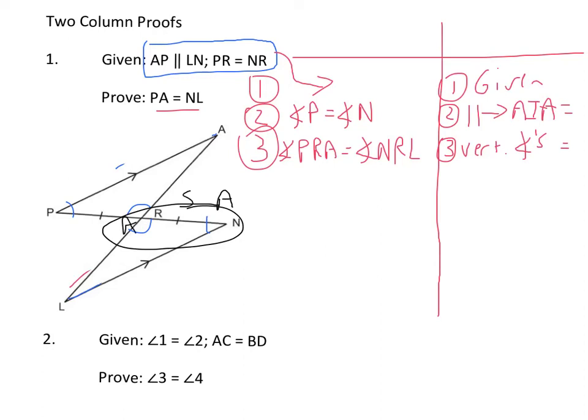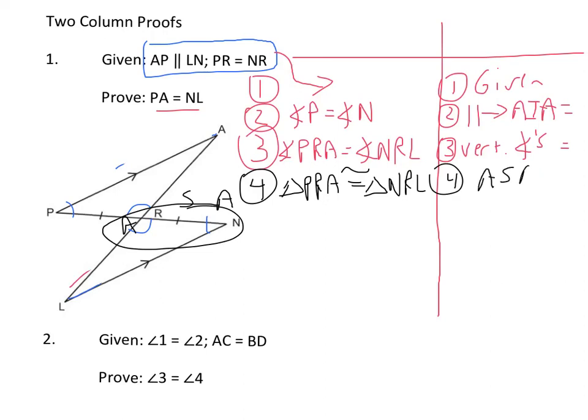So we can say the triangles are congruent by angle, side, angle. So I'm going to say triangle, and I'm going to use the same order of letters I used in my angles there. So I'm going to say triangle PRA is congruent to triangle NRL, and that would be by angle, side, angle, congruency.